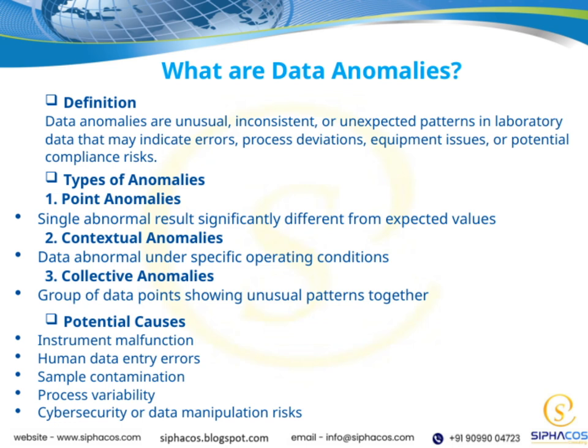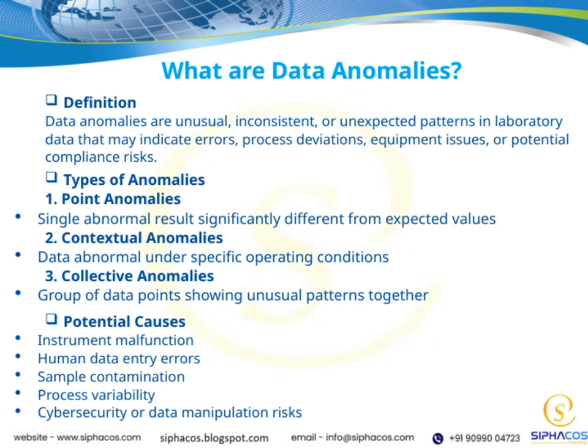Moving on to potential causes, there are several reasons why anomalies might occur. Instrument malfunction is a common culprit. If a device isn't calibrated properly, it can produce misleading results. Human errors in data entry can also introduce anomalies, especially when manual input is involved. Sample contamination is another critical factor. If samples are contaminated, the data will reflect that anomaly.